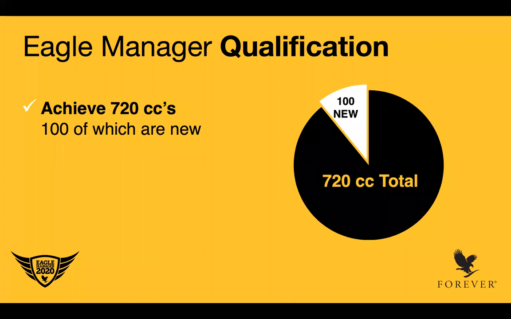But the good thing is, even those that joined before May, the people that you are recruiting this month will also contribute to the 100 new CCs, because new CCs also include anybody who is less than 1 year in the business and is not yet a manager. Isn't that amazing? So 60 CCs on a monthly basis.